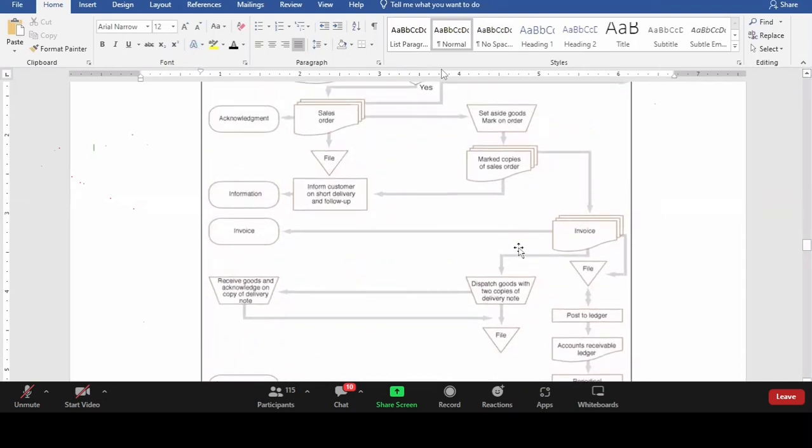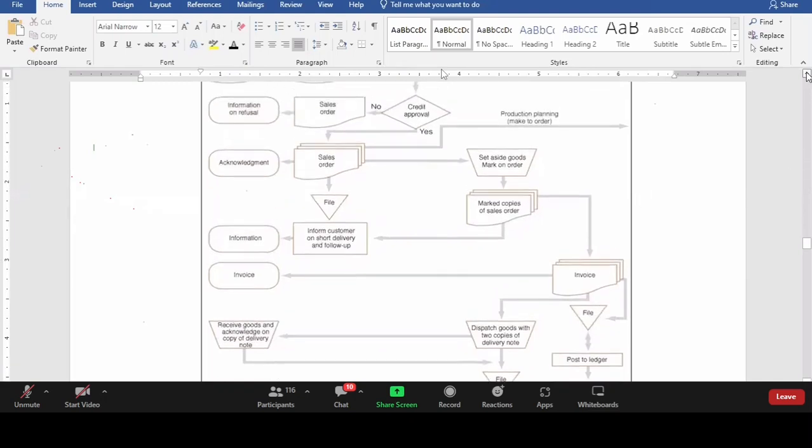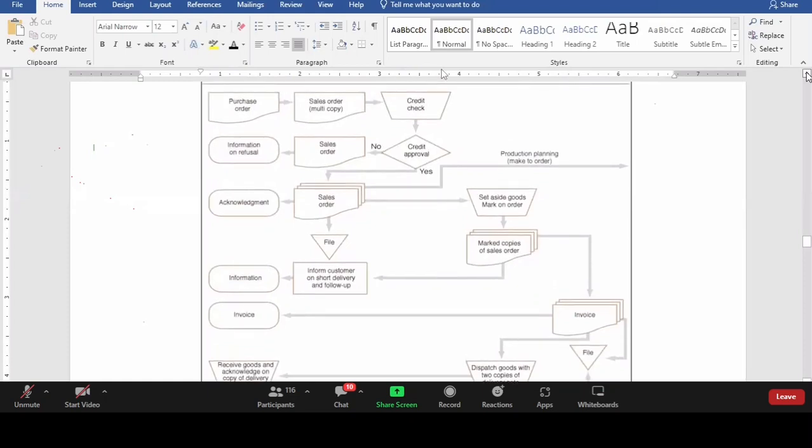Now here we have dispatch of goods and invoicing. Dispatch goods with 2 copies of delivery note. So delivery is by store.